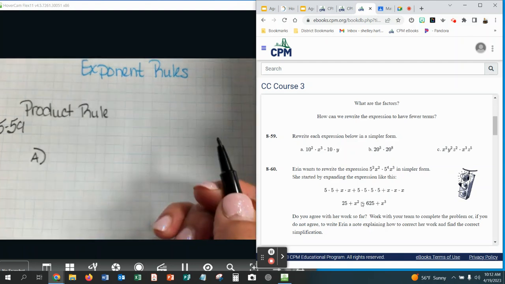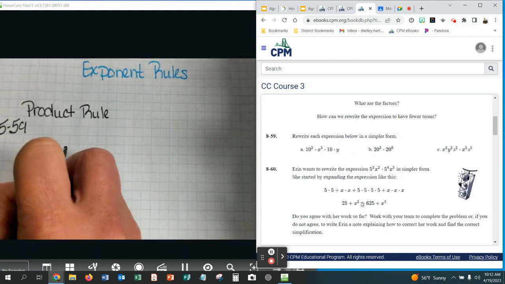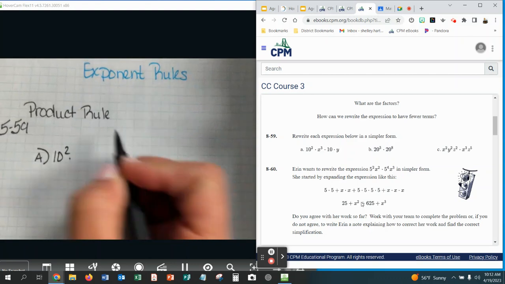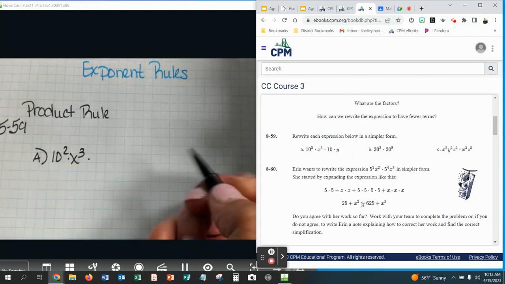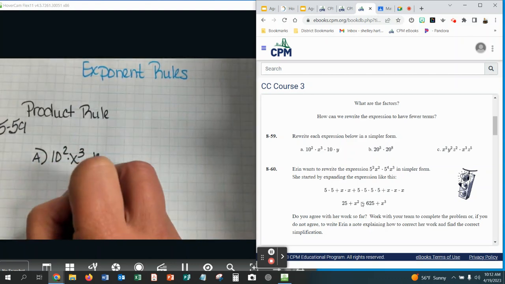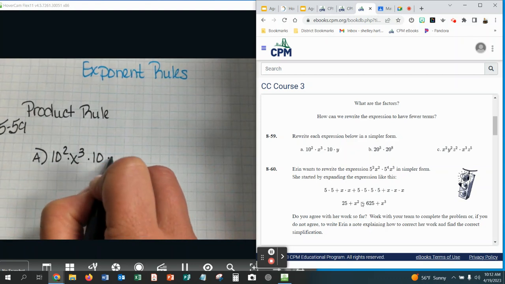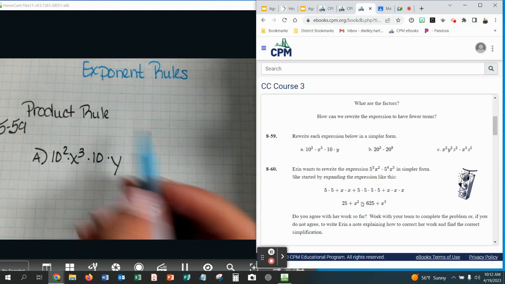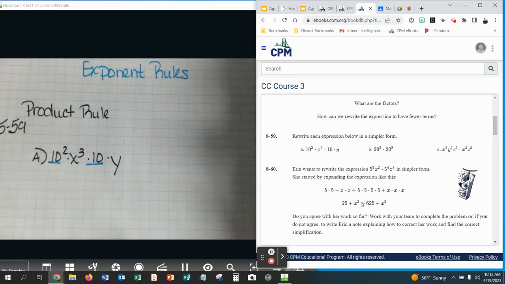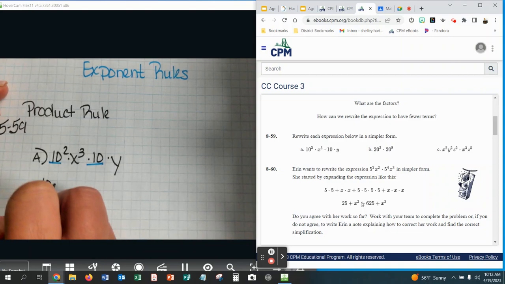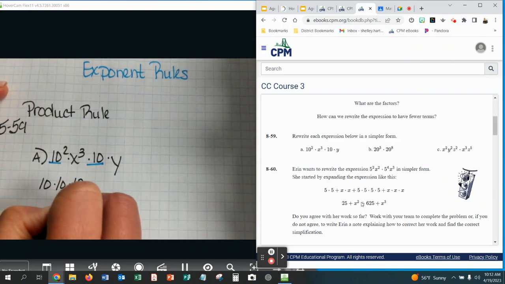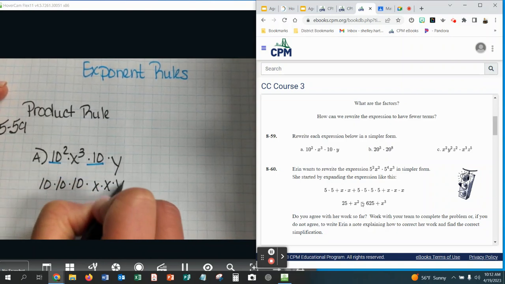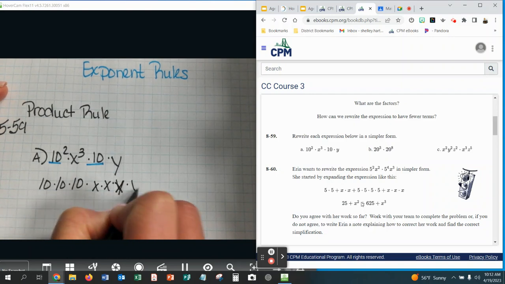Okay, great. So we've got 8-59A, which is 10 squared times x cubed times 10 times y. Okay, so what bases are alike? Well, this base and this base are alike. So what is this going to equal? The factored form is going to be 10 times 10 times 10 times x times x times x times y.